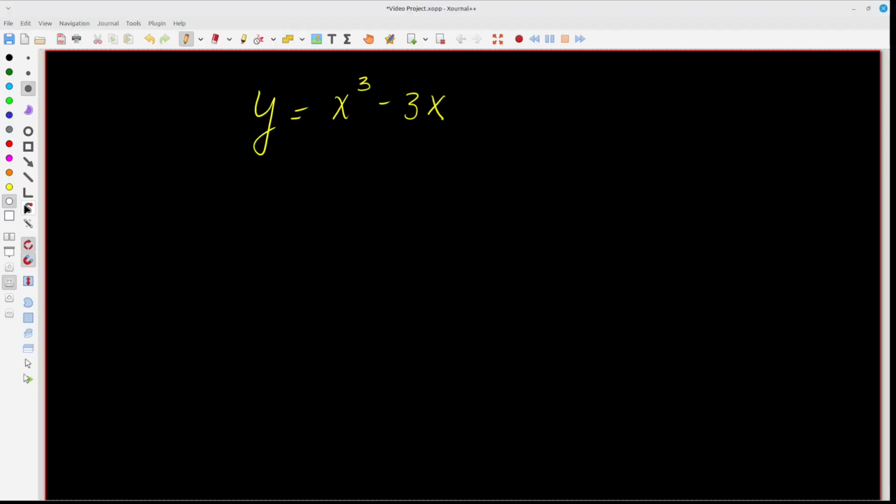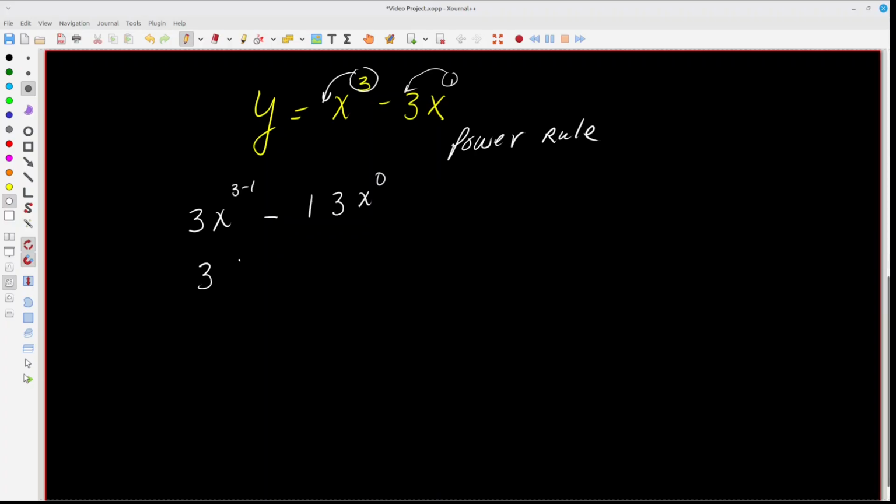Okay, we could also solve this just using simple calculus. So if I use the power rule, okay, I can take this 3 and bring it to the front. So I have 3x. Now this will be 3 minus 1. Okay, this x is to the first power. So if I bring the 1 forward, it'll be 1 times 3x to the 0 power. So this cleans up to 3x squared minus 3.